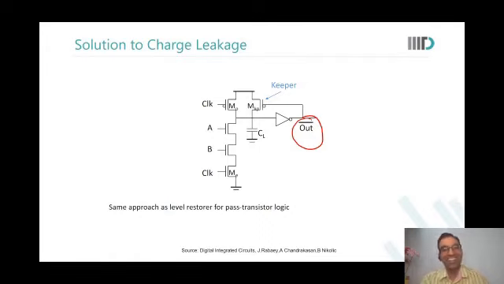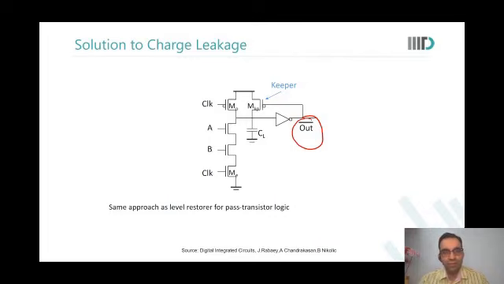Until there was no keeper, everything was fully logical. As soon as we have this keeper, a sizing constraint comes in. The keeper has to be as small as possible. But you said that we will also increase the length to maintain that? Yeah, because if you cannot reduce the width below 0.135 in your technology and you still want to make it weaker, the easiest way is to increase the length.